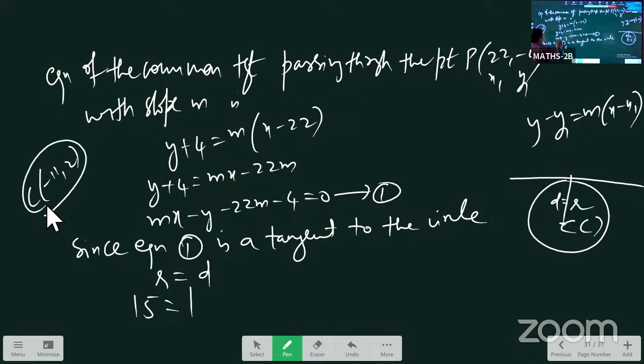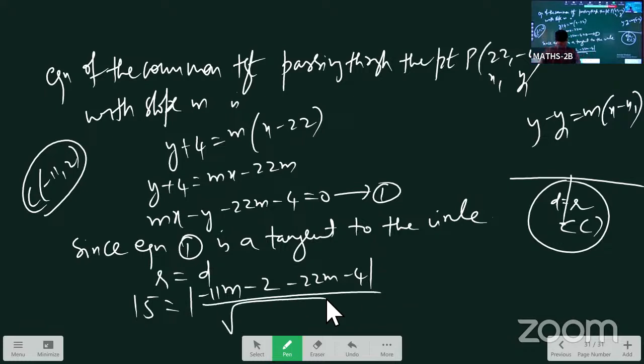Now substitute: mx, that is minus 11m, minus 2, so minus 11m minus 22m minus 4, whole divided by under root of the coefficient of mx, that is m square plus minus 1 whole square. Is it clear?